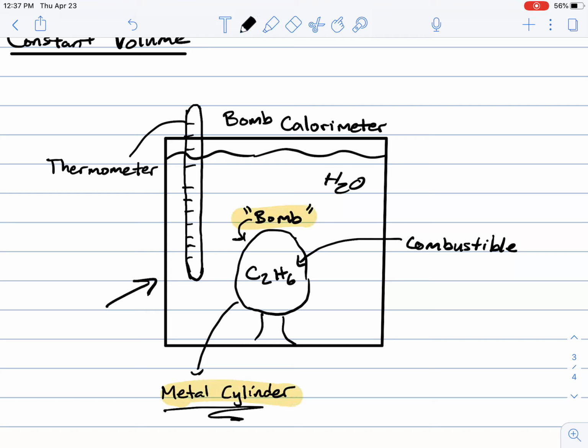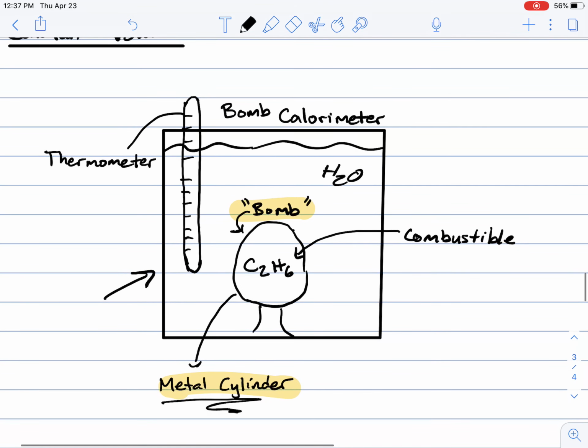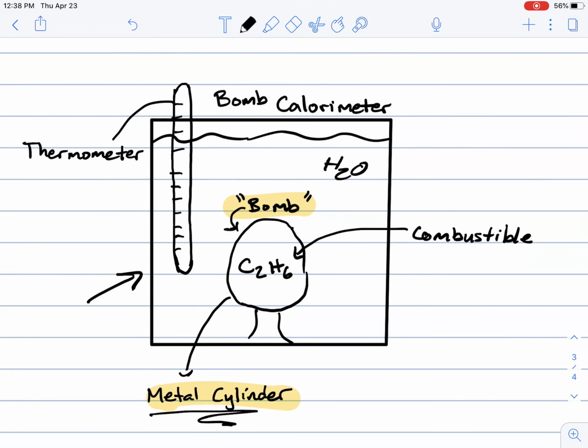It's not like something that you guys think about negatively in movies and news, et cetera. This quote-unquote bomb is just a metal cylinder that contains a combustible substance, such as ethane or propane or some type of hydrocarbon. You can even put food in there as well to perform some food calorimetry in a bomb calorimeter.